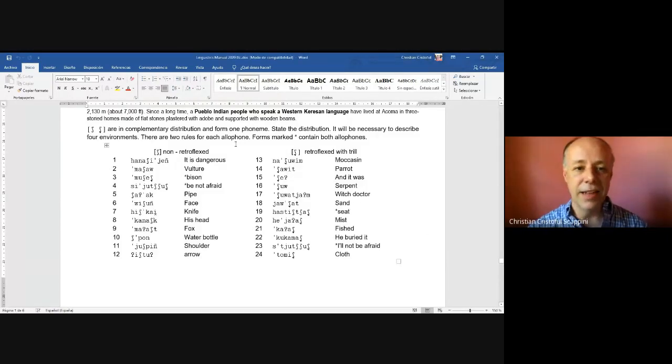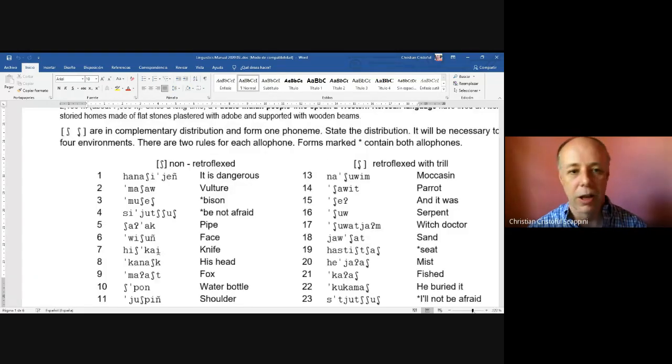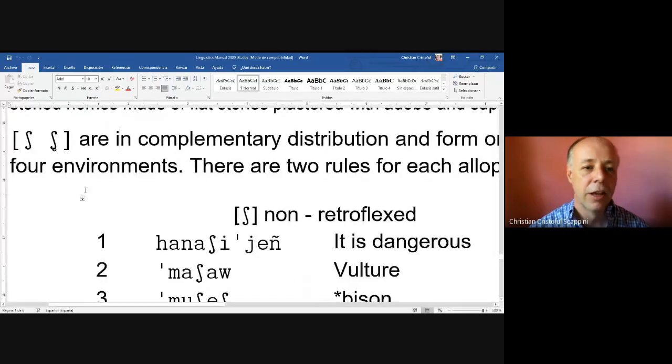So it says that these two sounds are a voiceless sh sound and a de-voiced one. The difference between these two is voicing, basically, because it has a little round thingy there.